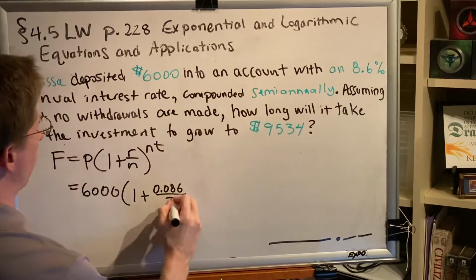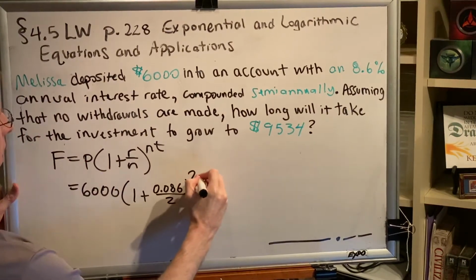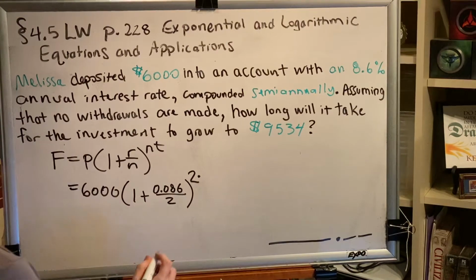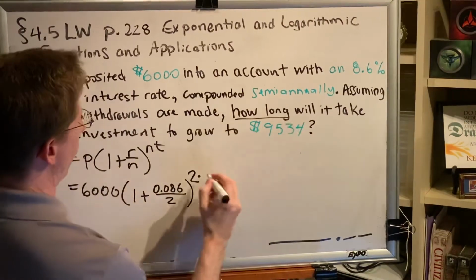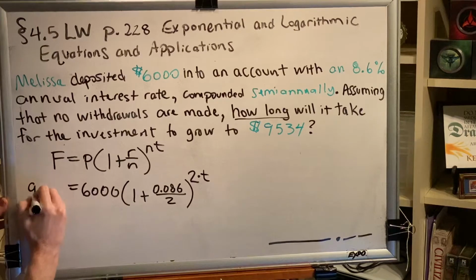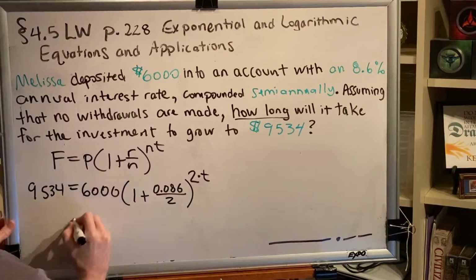That means N equals 2. N times T will be 2 times whatever the value of T is. Assuming that no withdrawals are made, how long, meaning we're looking for T, will it take for the investment to grow to $9,534? That's the amount of money in the future, $9,534.